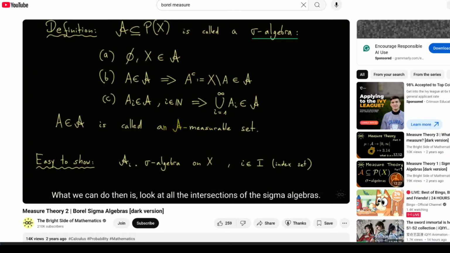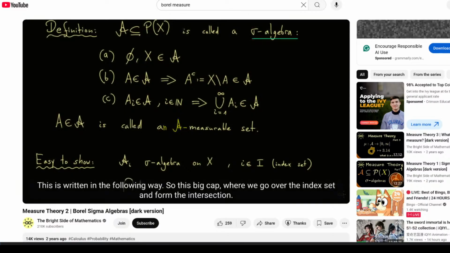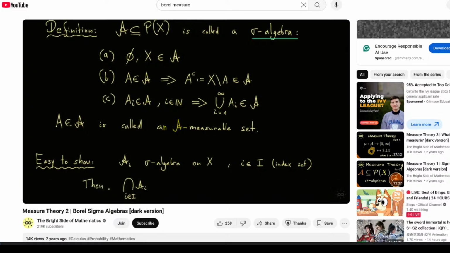What we can do then is look at all the intersections of these sigma algebras. This is written in the following way, so this big cap where we go over the index set and form the intersection. Now, as I said, this is easy to show, and I advise you to try it, that this indeed gives you again a sigma algebra.